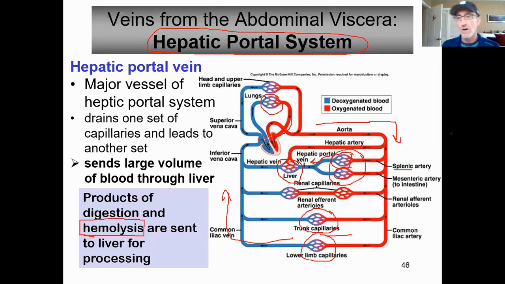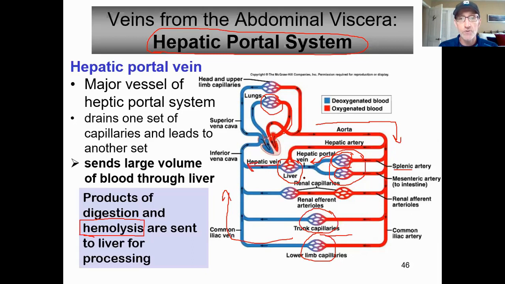So all those products of breaking down the red blood cell get sent to the liver. And then all the products of digestion often need to get processed further. So rather than send out all these materials that the body can't use, we send them to the liver. The liver processes them, and now they're in circulation and ready to be used elsewhere in the body.